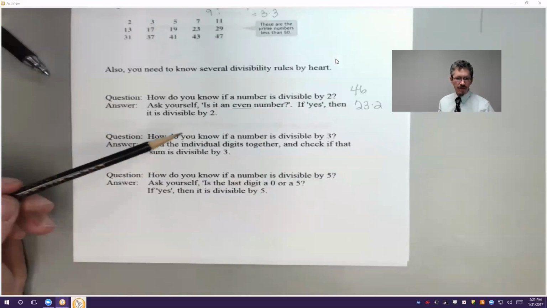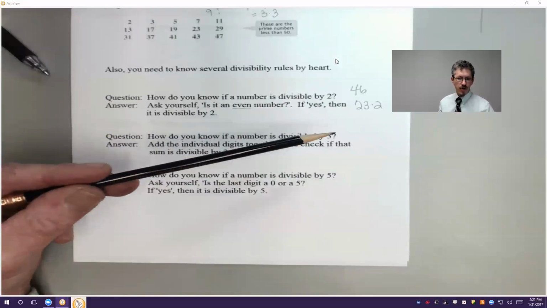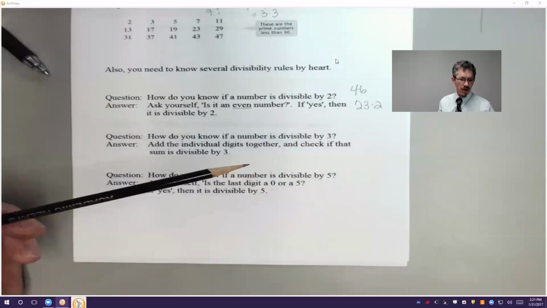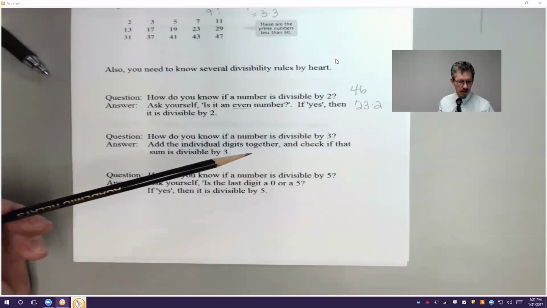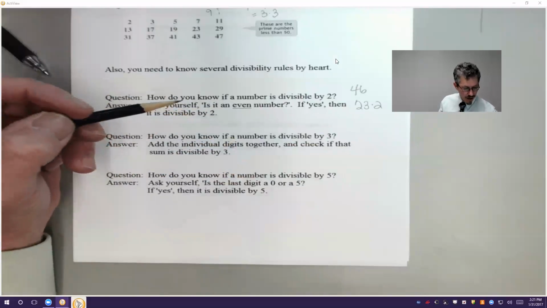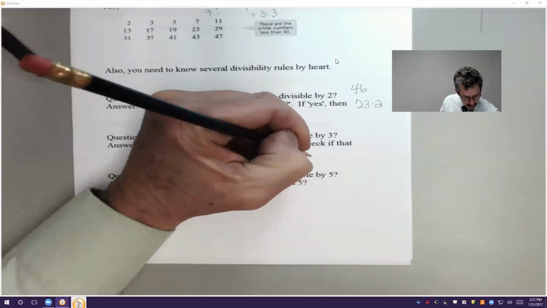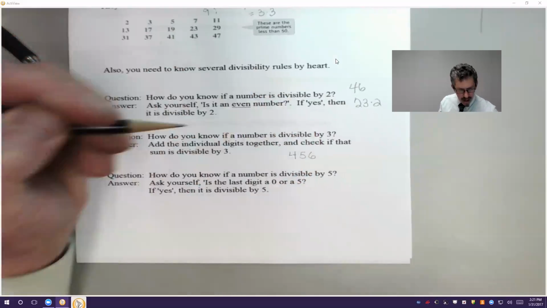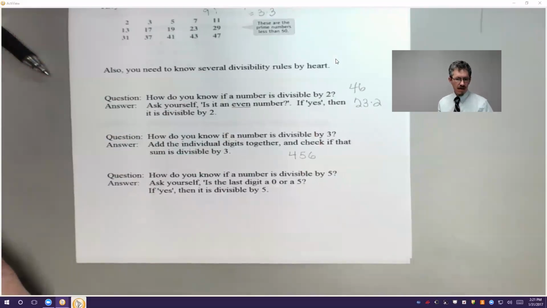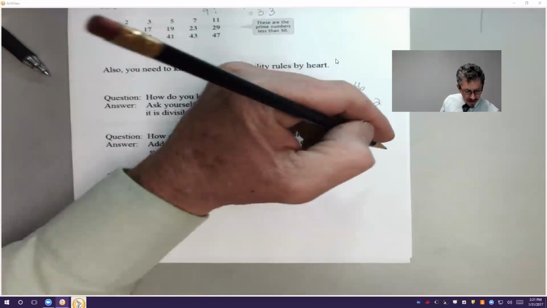How do you know if a number is divisible by 3? I would call this the divisibility rule for 3. Let me give a little bit of an extreme example. How about 456? Most people can't just look at that and know whether or not it's divisible by 3. What we do is add the digits together.